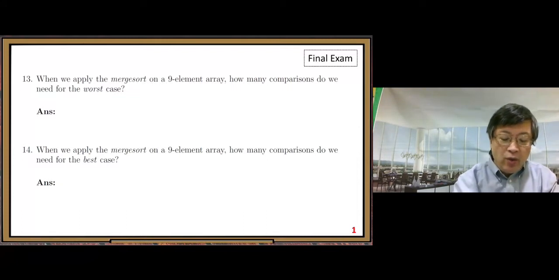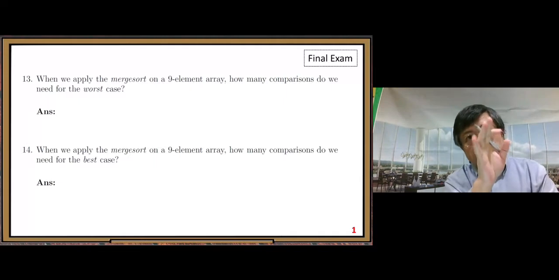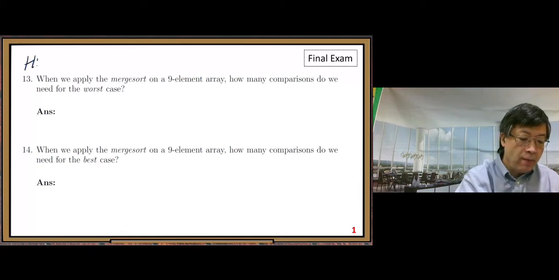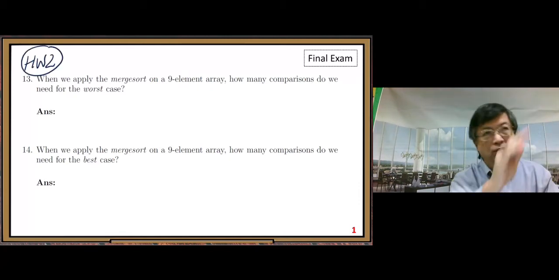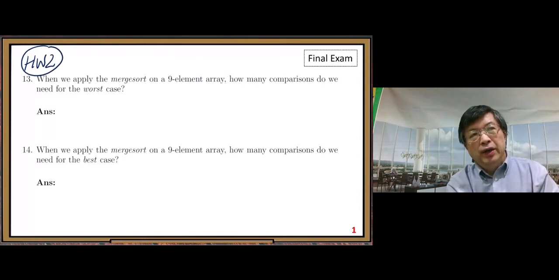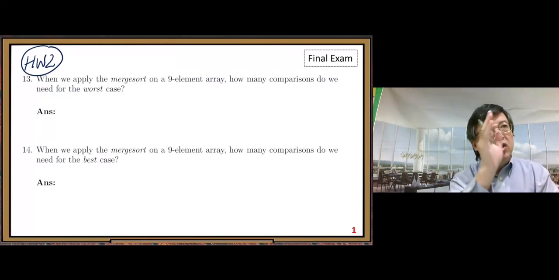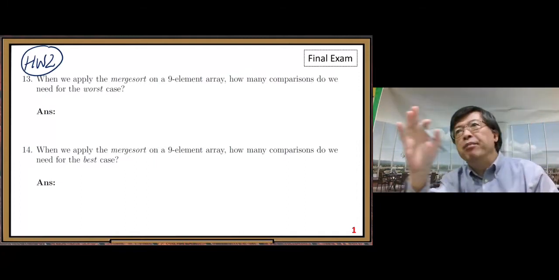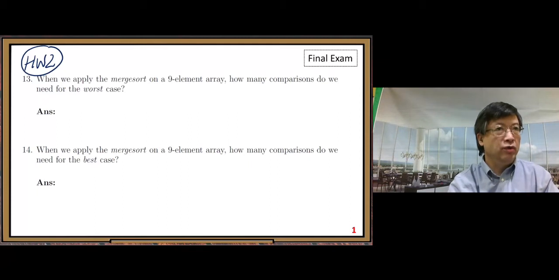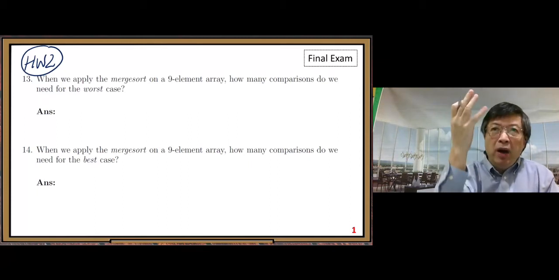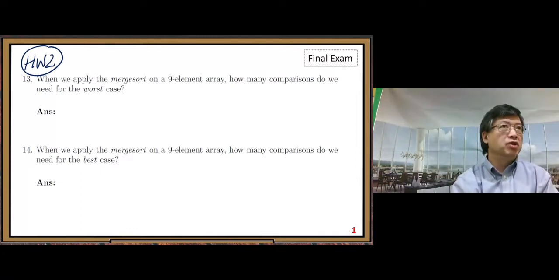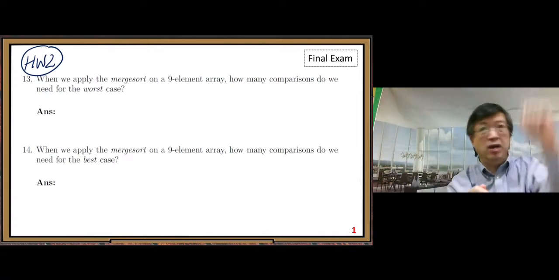When I graded those two questions in your homework number 2, I noticed some problems. First, the merge sort. Many students are not familiar with how we apply merge sort. In merge sort, we apply the merge step multiple times, but those students only applied it one time.